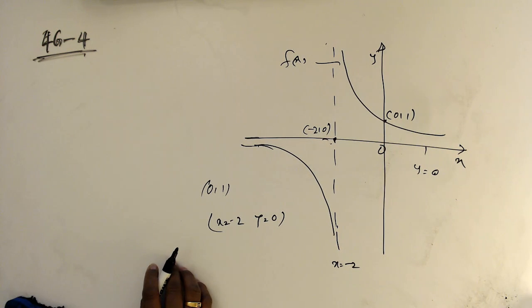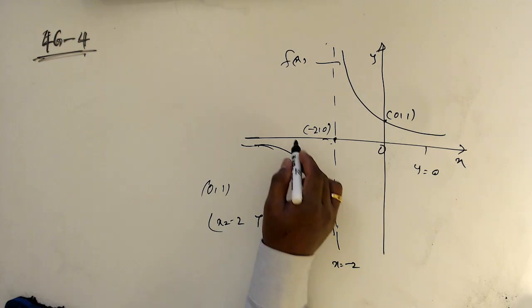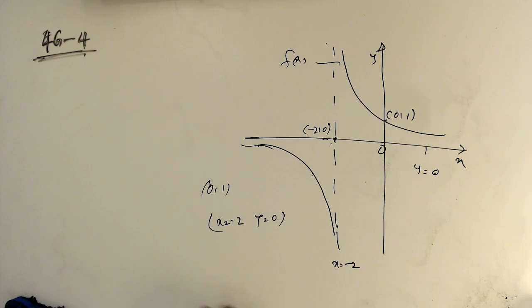If I need to find another point, I can put x equal minus 3, but I will only do that if I need to. That's all I have in my hand: two points.